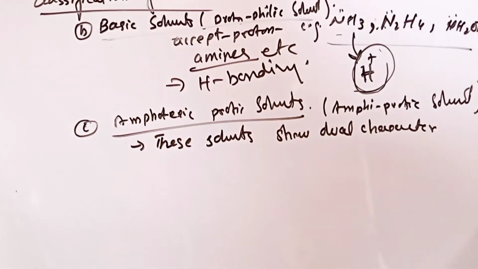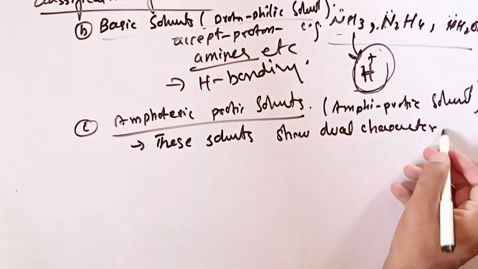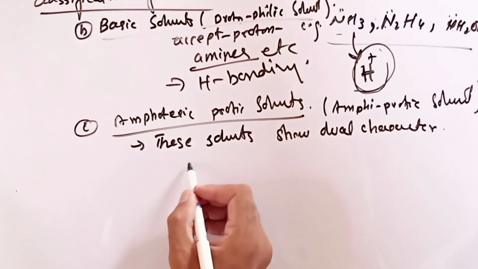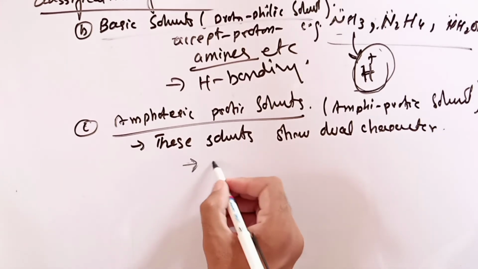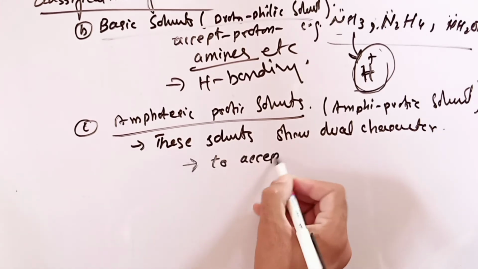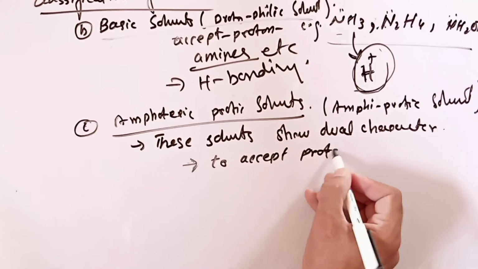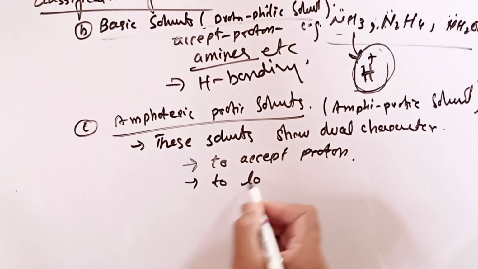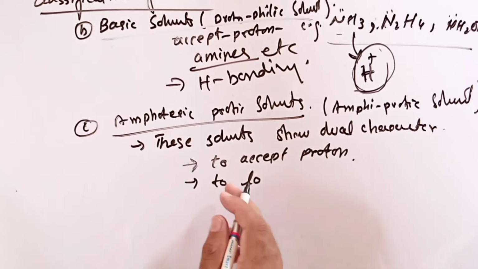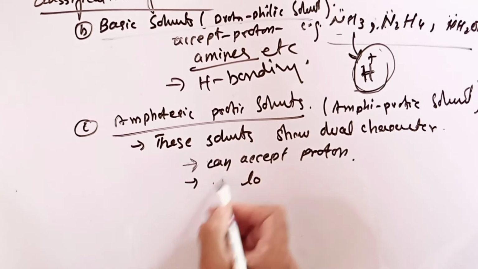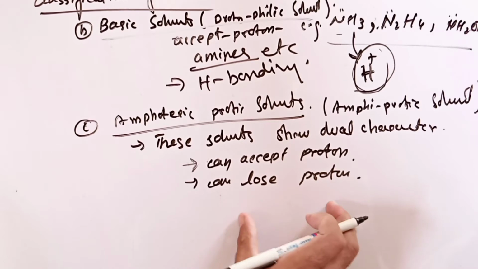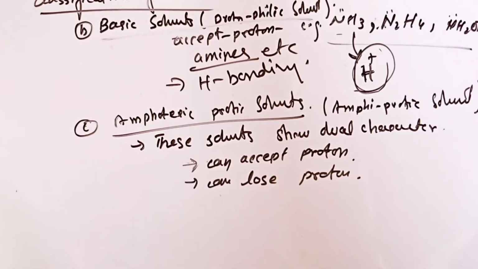Which dual character? They have the character of a basic solvent as well as that of an acidic protic solvent. They can accept a proton, but at the same time they can lose a proton. Both these properties are contained by these amphoteric protic solvents.